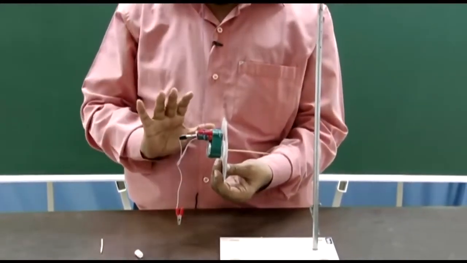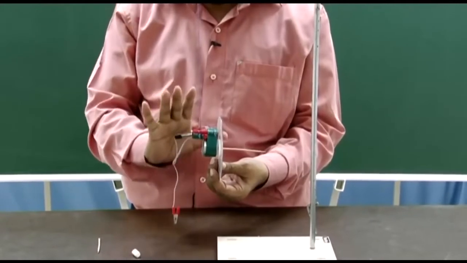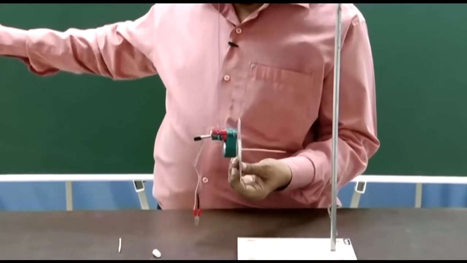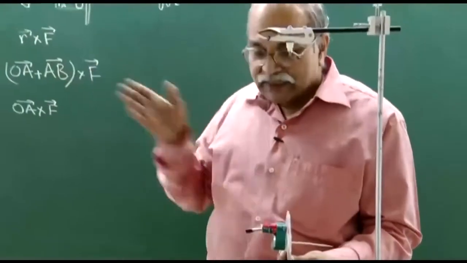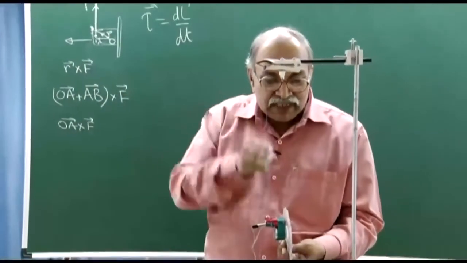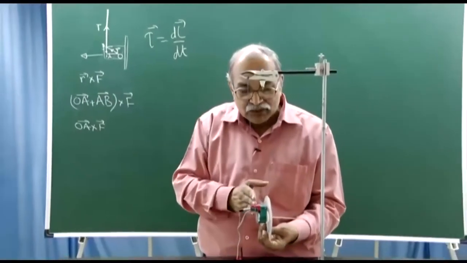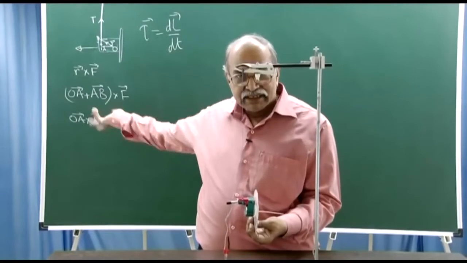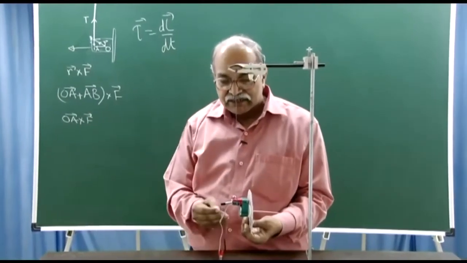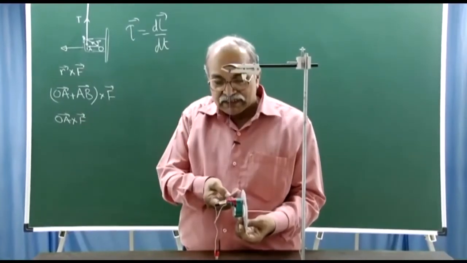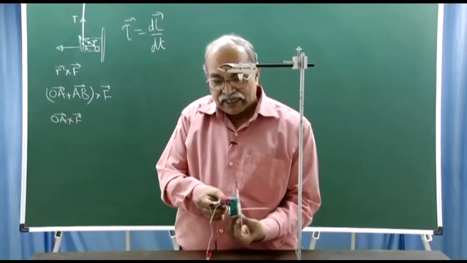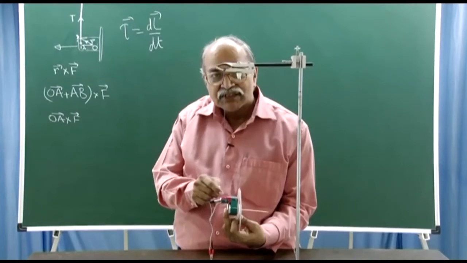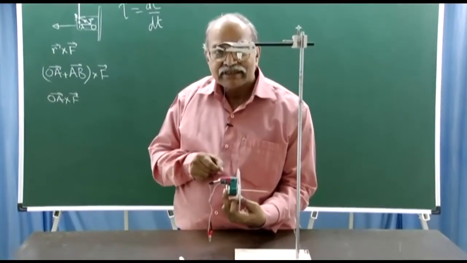Once again, as far as the torque calculation is concerned, the situation is the same as that shown on the board. When the CD is here, the motor is here, and the battery is here, the torque is just like that and the torque direction will be towards me. So this is the torque direction, and the angular momentum change will be produced in this direction.